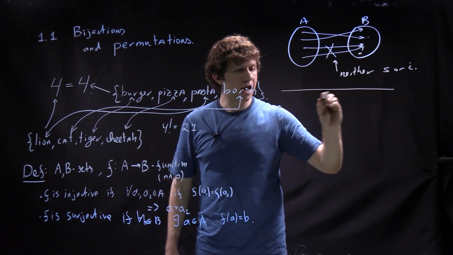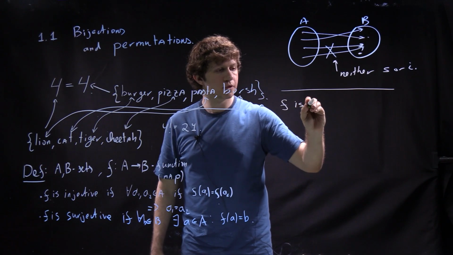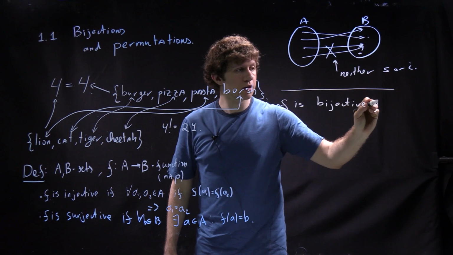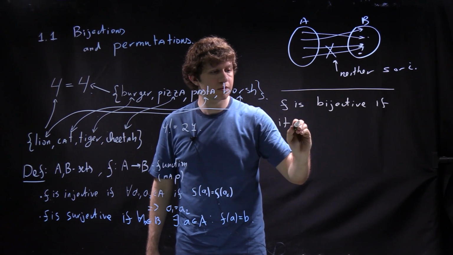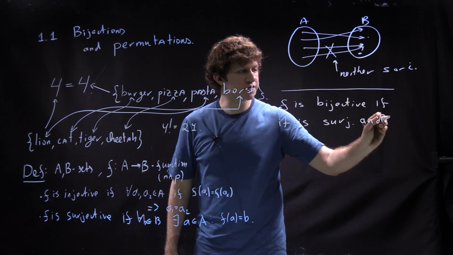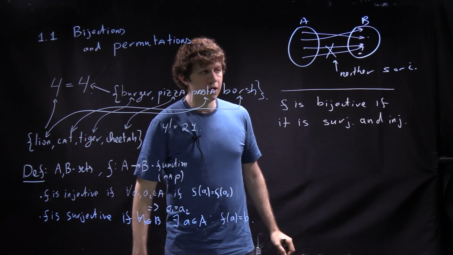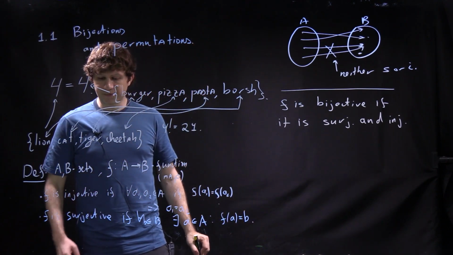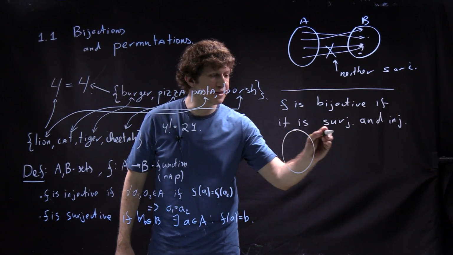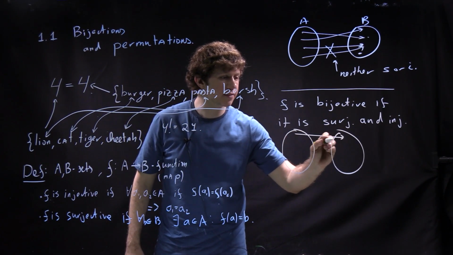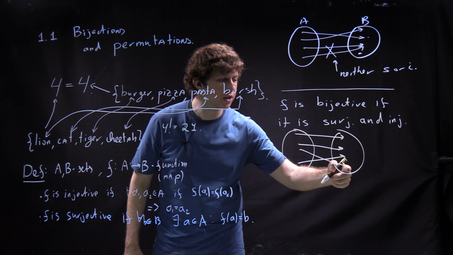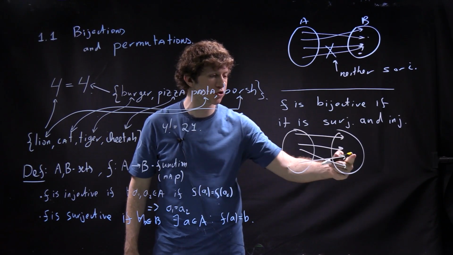f is bijective, or a bijection, if it is surjective and injective simultaneously. Both properties together mean that distinct elements go to distinct elements, and moreover, to each element here there exists exactly one element here which corresponds to it.